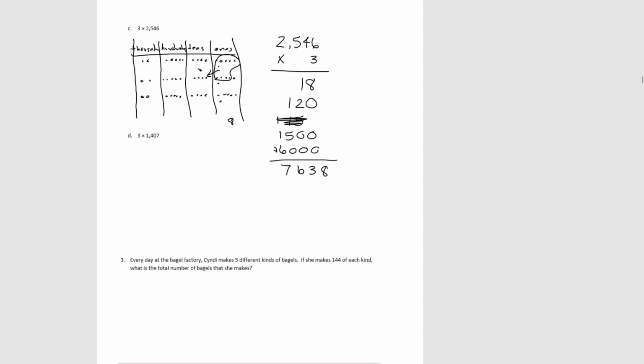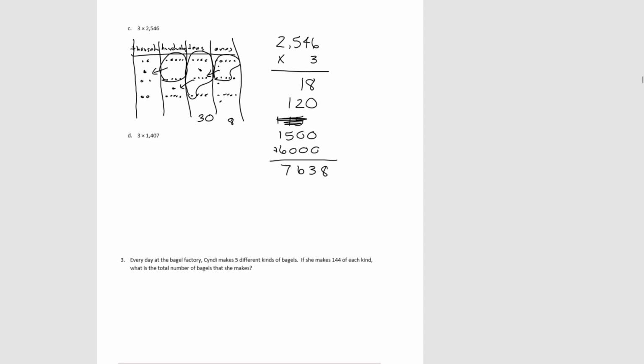And here we have 8 plus 1 plus 9 plus 10. We can exchange that for 100, which leaves us with 1, 2, 3 tens, which is 30. Here we have 10 hundreds, which we can exchange for 1,000.